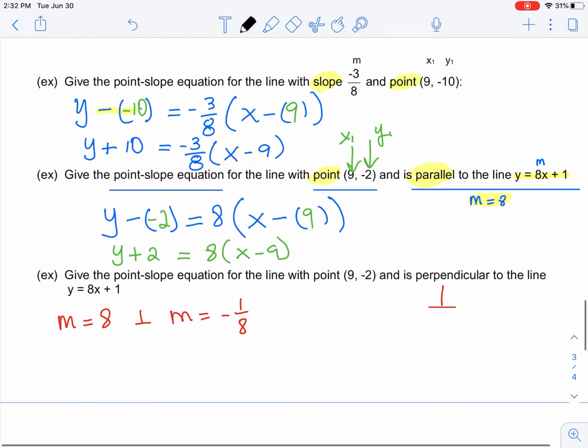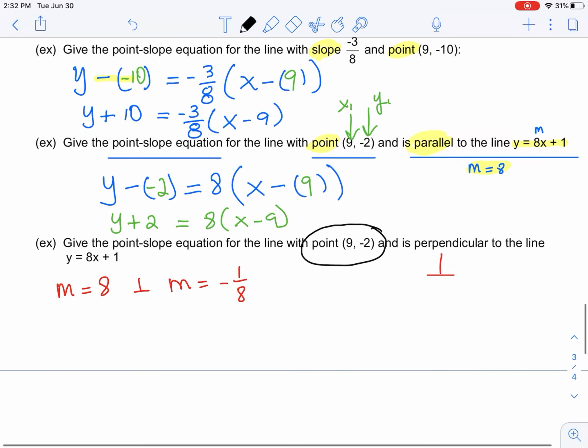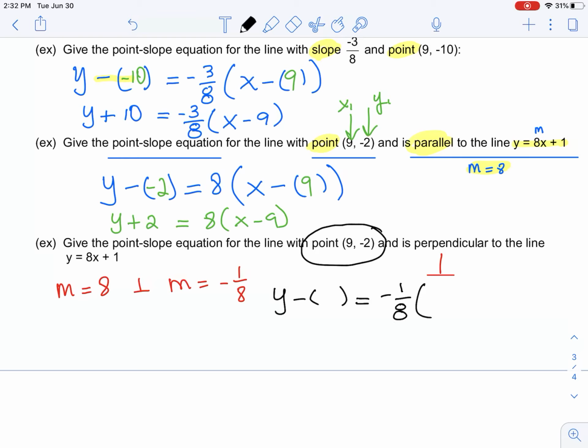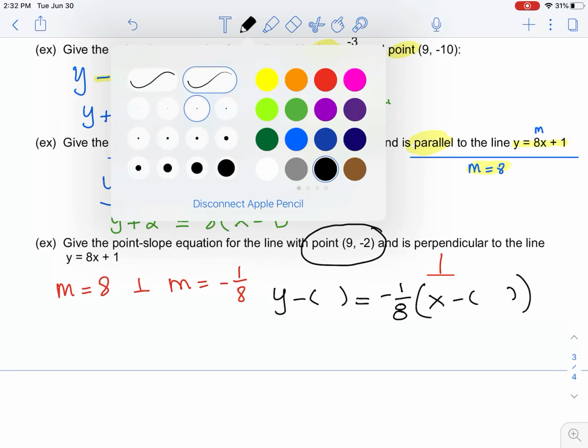So now I have a slope and I have a point. Woohoo! So I'm going to drop it in. y minus our y sub 1 equals our slope, negative 1/8, times the quantity of x minus our x sub 1.